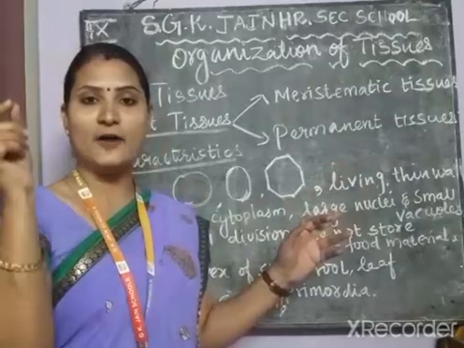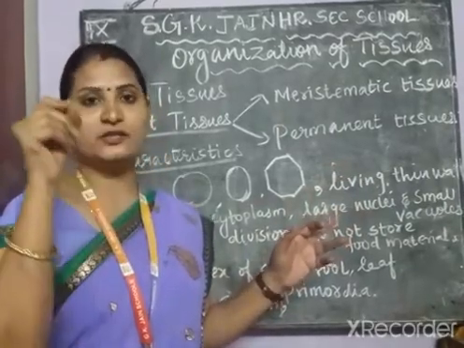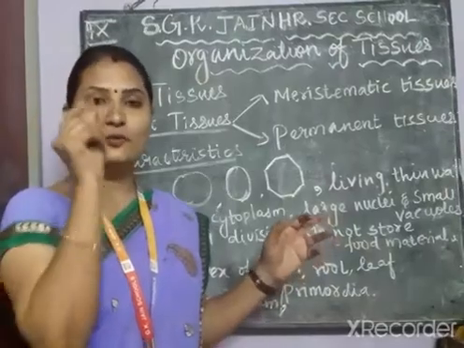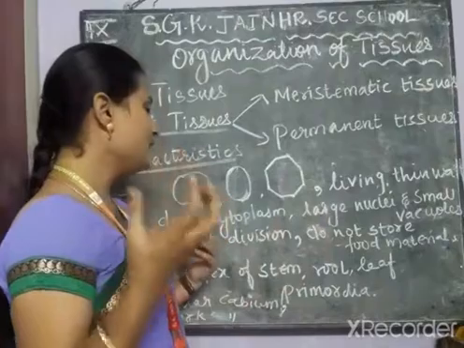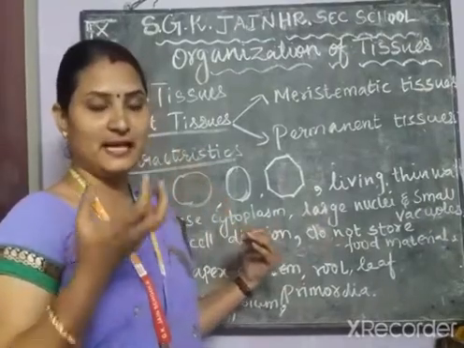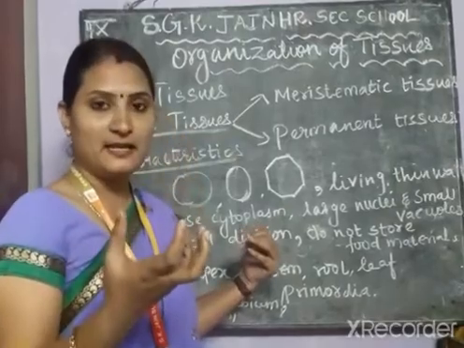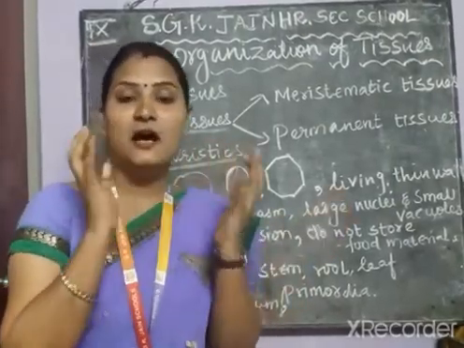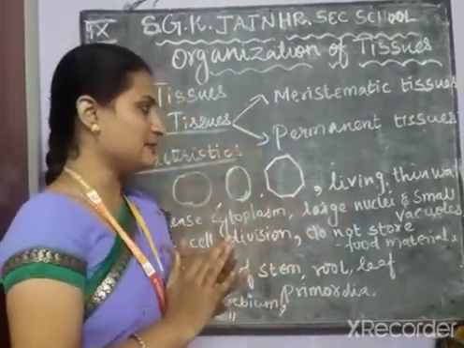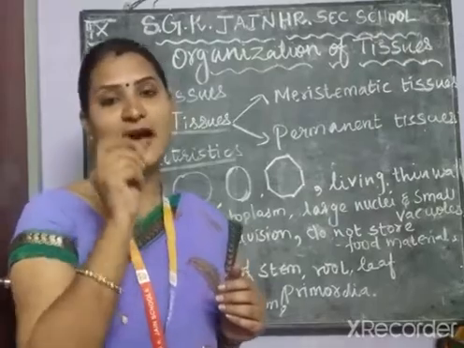The wall is the outermost layer of the cell. They are very small in size and have dense cytoplasm. The cytoplasm present inside the cell is very dense, and they have large nuclei inside the cell, and very small vacuoles.